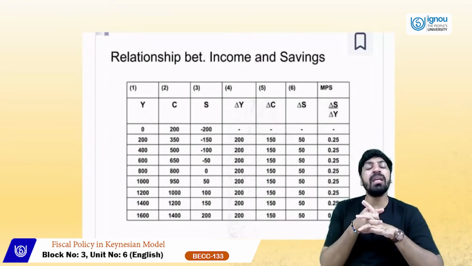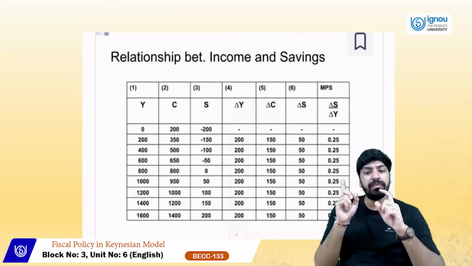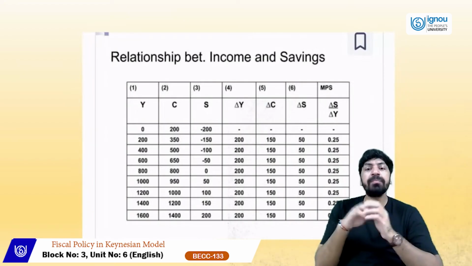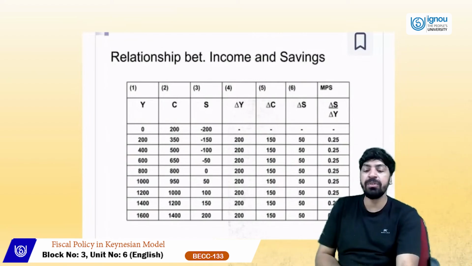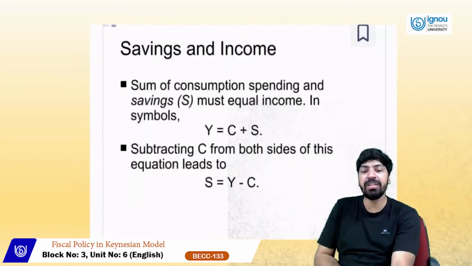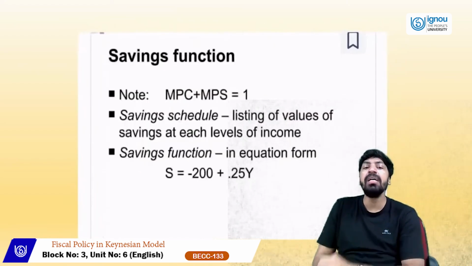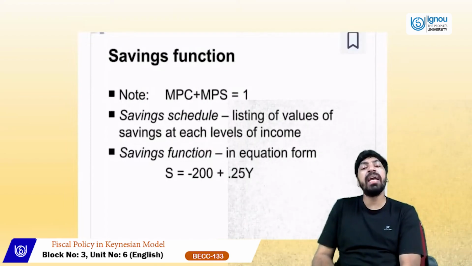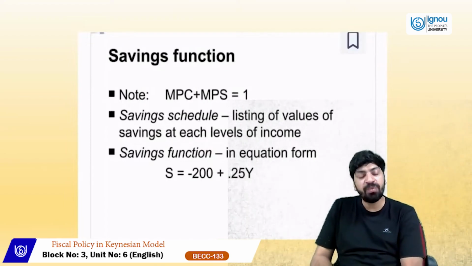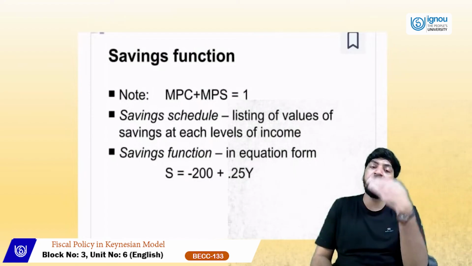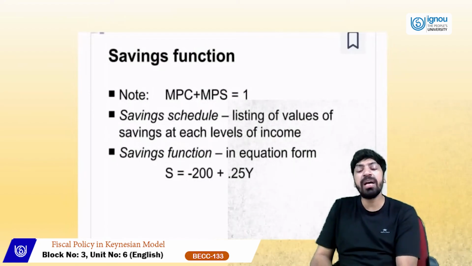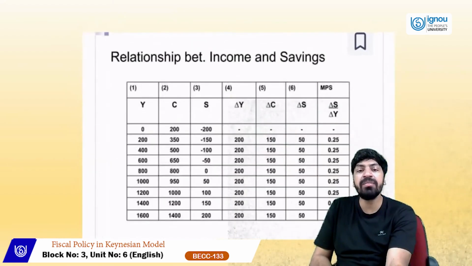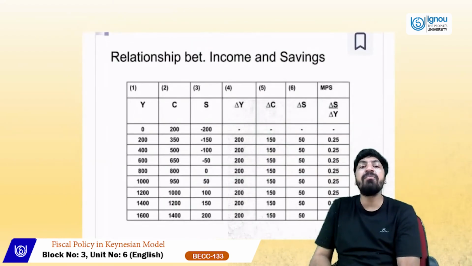That is S is equal to S-bar plus MPS Y. So this is the equation which has been shown here. In the earlier saving schedule it is minus 200. Why is it minus 200? Because in the saving column, the first digit is minus 200.